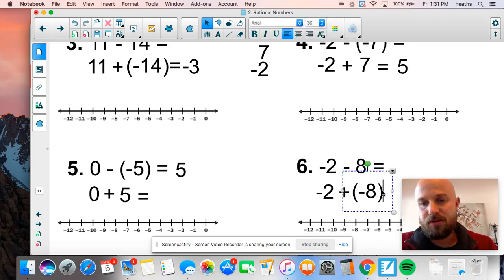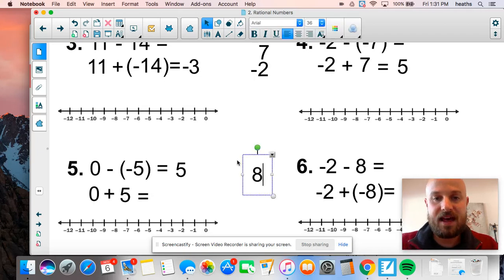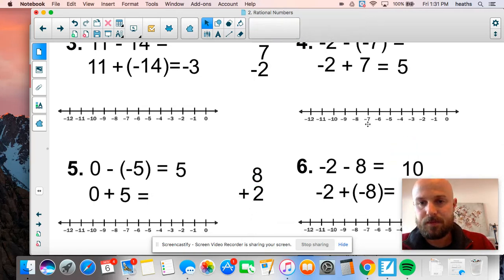Now I don't think we've seen an example like this yet with our first 5 questions, but here we have 2 numbers with the same sign. We have 2 negative numbers, negative 2 plus a negative 8. And our rule for that is we're going to add absolute values. So 8 plus 2 is going to be 10. And because they're both negative numbers, that means that your answer is going to be negative, which is negative 10.